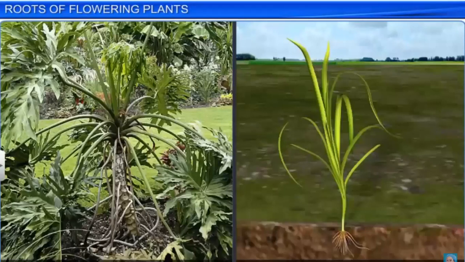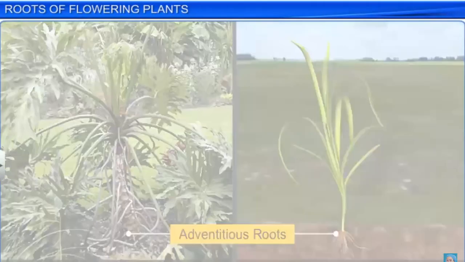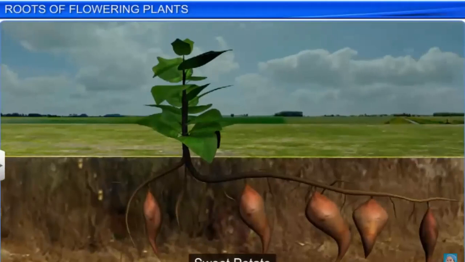There are some plants like monstera and grass, which have roots that do not arise from the radicle. The roots emerge from various other parts of the plant, like the stem or the leaf. These roots are known as adventitious roots. Some roots also modify themselves to perform specific functions for the plant.